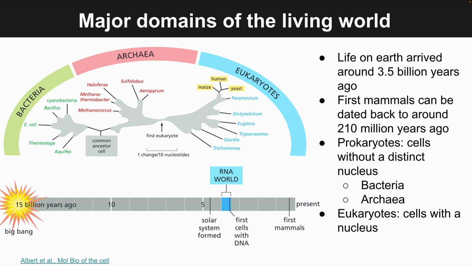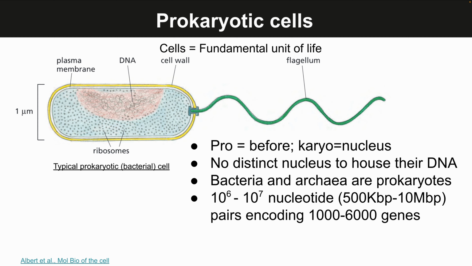Prokaryotes are also commonly called bacteria. Prokaryotes are called so because pro stands for before and karyote stands for nucleus. They have something which is before a nucleus. They don't have a nuclear membrane, so their DNA sort of exists inside the cell itself. There is no distinction boundary.